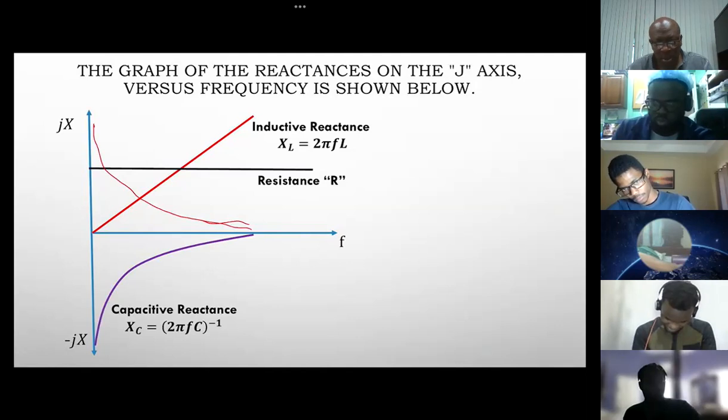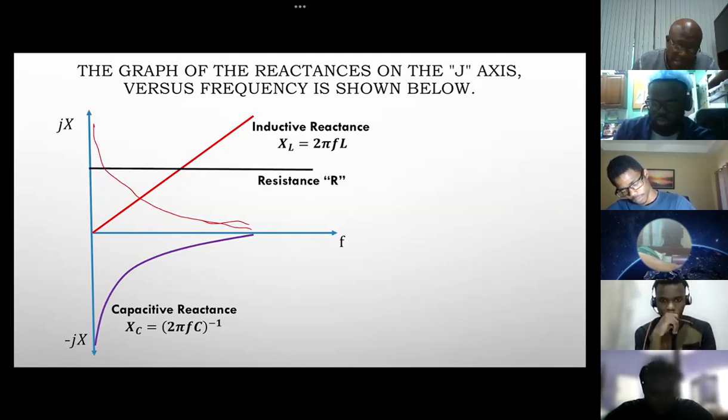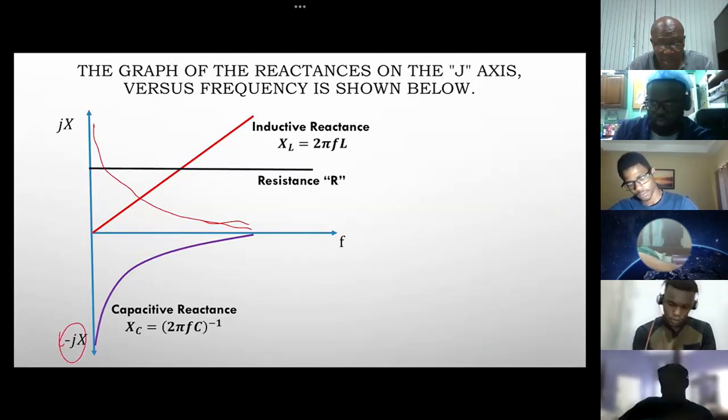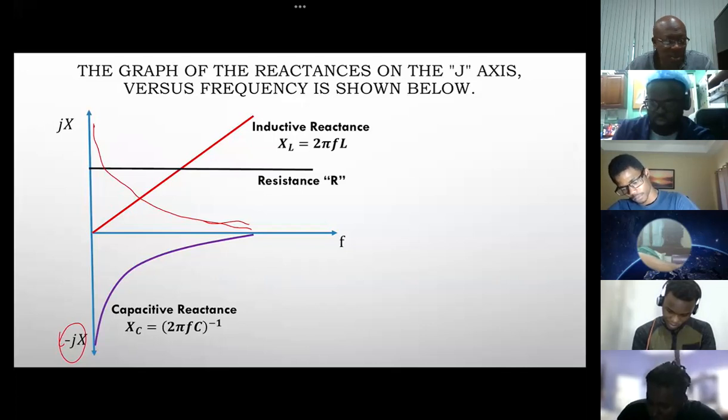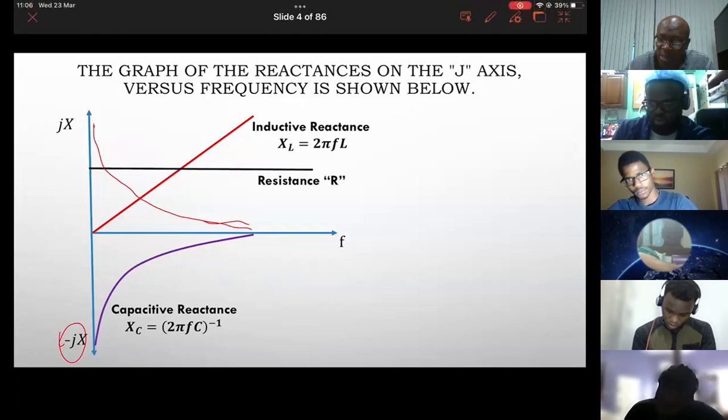All we're doing is showing the mirror image, which in fact is what the representation would look like if we draw it with respect to minus jX, so on the negative imaginary axis. So nothing has changed in terms of what was presented before.